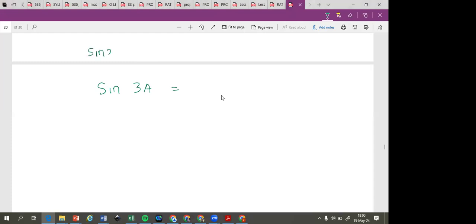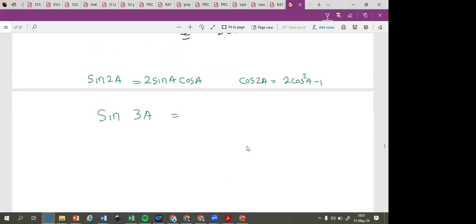We looked at sine 2A, and as you proved, that is the same as 2 sine A cos A. We have looked at cos of 2A, and you proved that it can be 2 cos squared A minus 1, or it can be the same as 1 minus 2 sine squared A. These are what we proved.